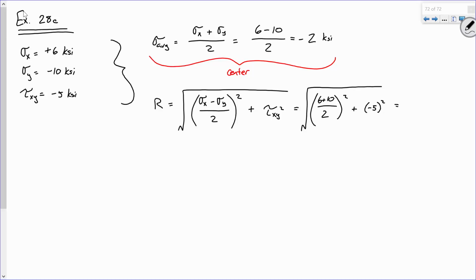So what does this come out to be? Oh my goodness. Square root of 89? So what is the square root of 89?